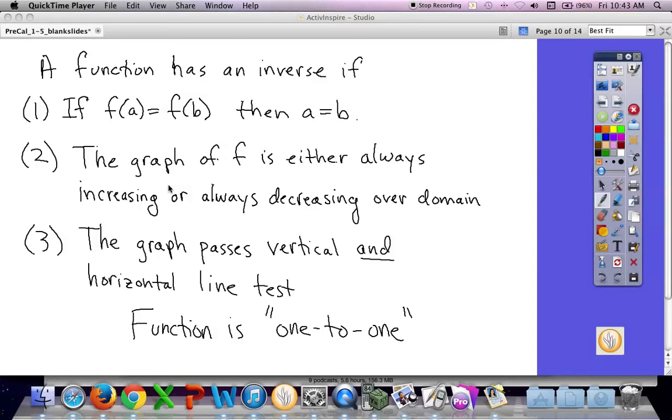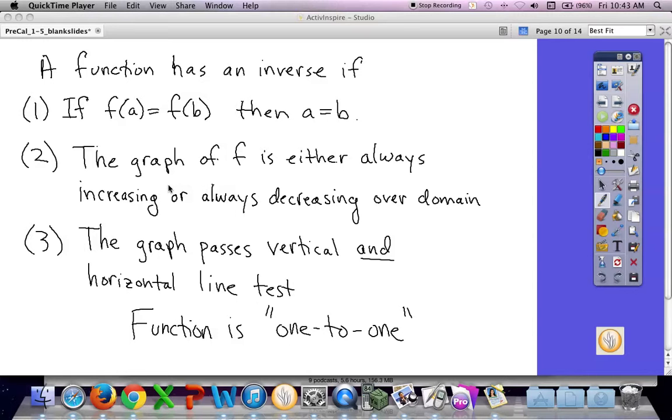And then the last check that you can do is, we know what we mean by a vertical line check, or vertical line test. See whether f crosses a vertical line in more than one spot. If it does, it's not a function. Basically, both f and its inverse have to be functions.